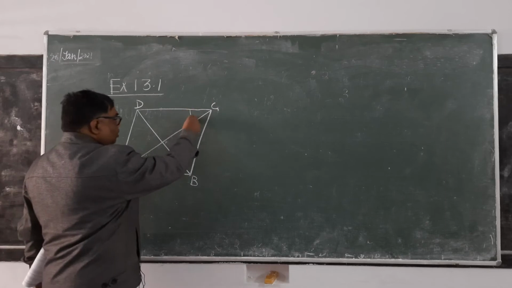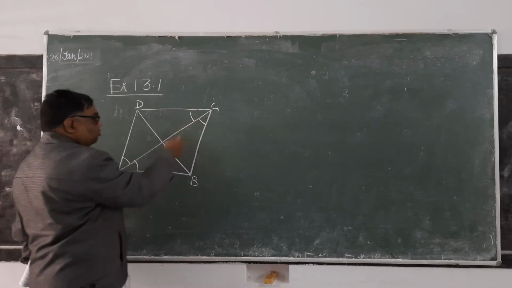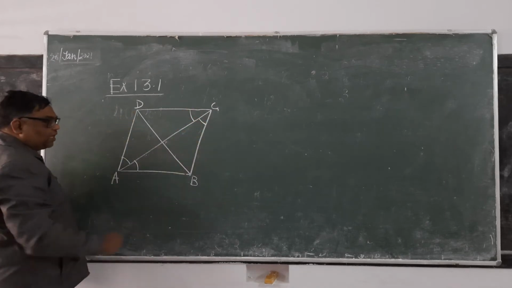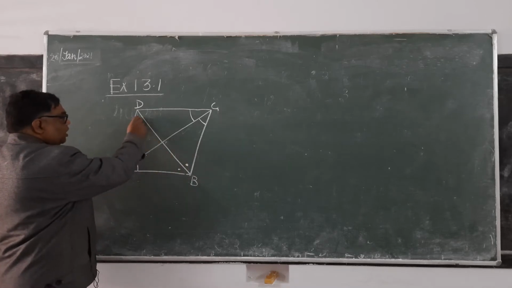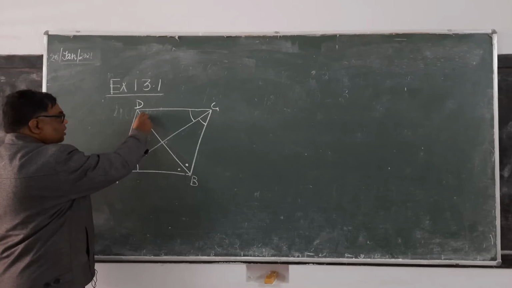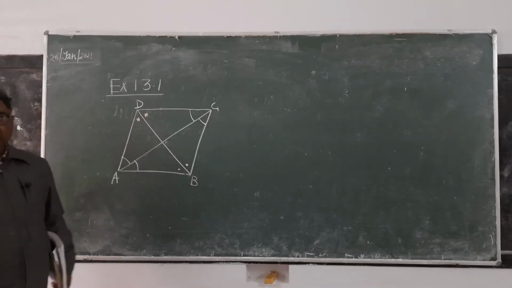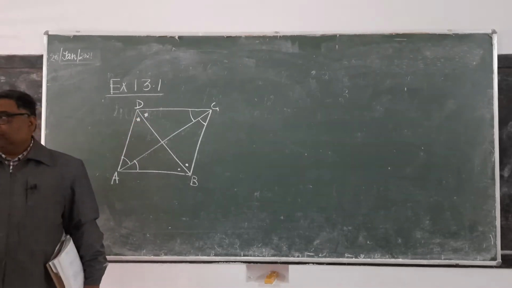This will be equal to this. Similarly, this diagonal will be the angle bisector of angle B and angle D. It's clear? Dividing the angle into two equal parts.